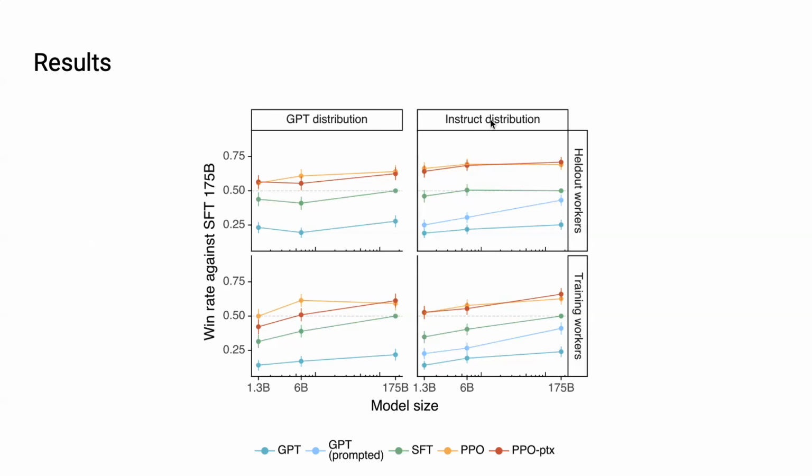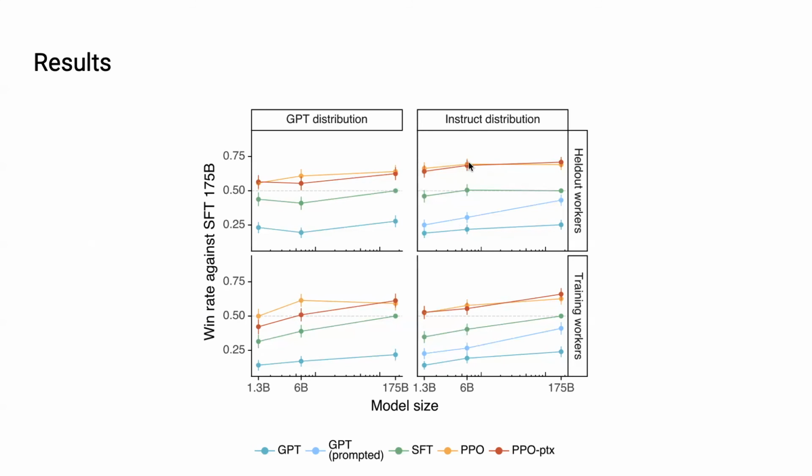And then they have two data sets. One is the GPT-3 data set, which, according to the report, is collected through their API and is less instructive. The InstructGPT data set is more instruction-focused, because they tell the humans to ask instructions to the model. So again, they report the performance across different model sizes.